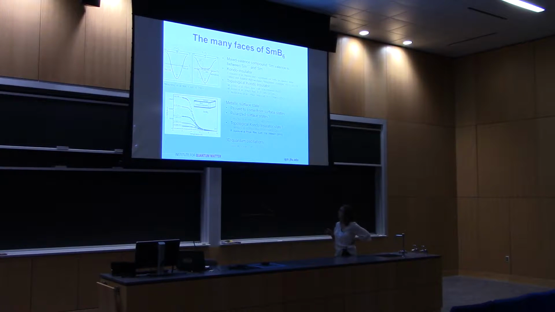It's work from Suchitra Sebastian's group, where they see 3D quantum oscillations in samarium hexaborate, where they still think that the bulk is metallic. All this inconsistency also made me interested in it.